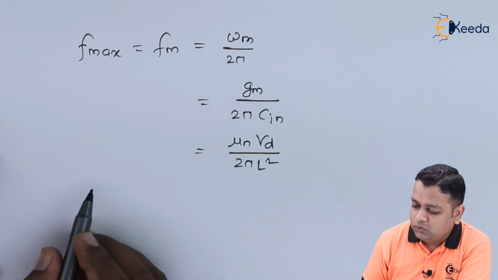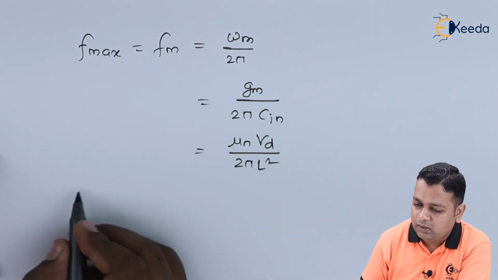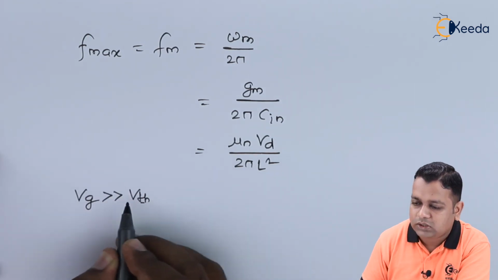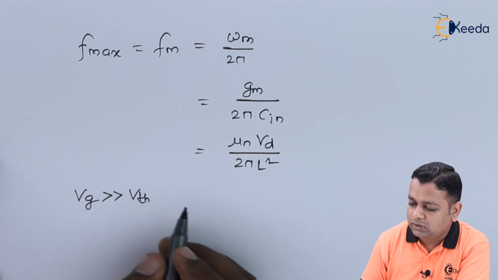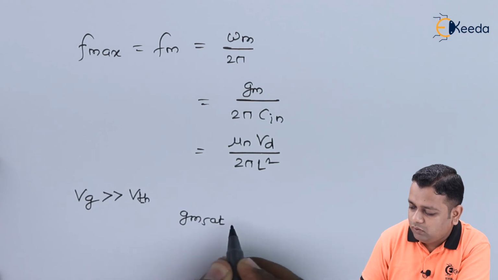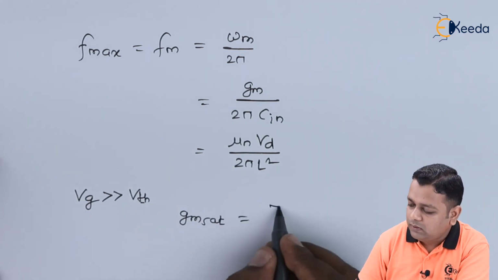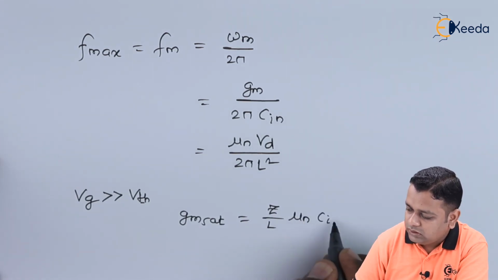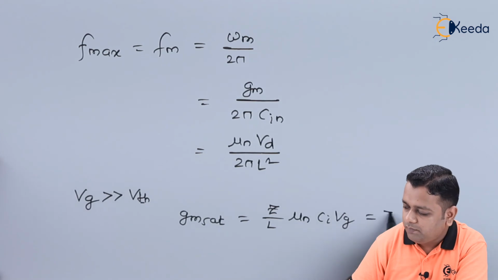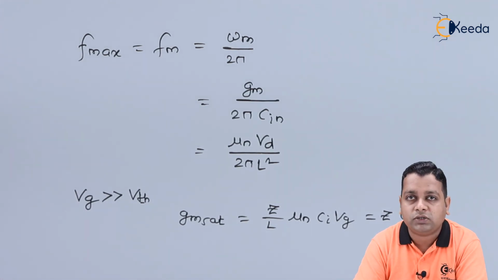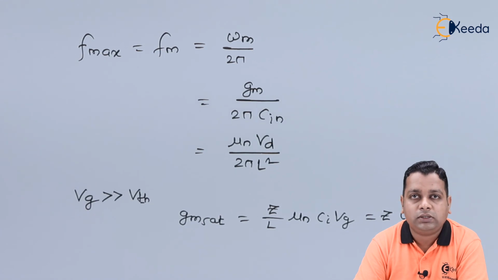Whereas in the saturation region, if we take the situation that V suffix G, the gate voltage, is very greater than the threshold voltage VTH, the transconductance is reduced to the form, here we give Gm suffix SAT for the saturation case, computed as Z divided by L in multiplication to mu N into C suffix I into Vg, or simply Z into C suffix I into V suffix S, the drift velocity corresponding to the saturation state for the charge carrier here.